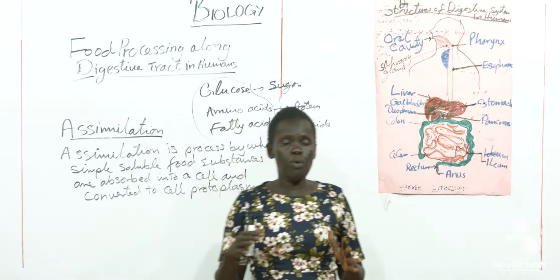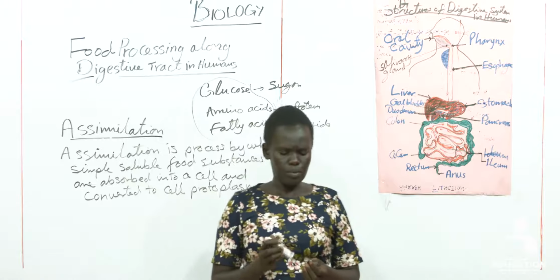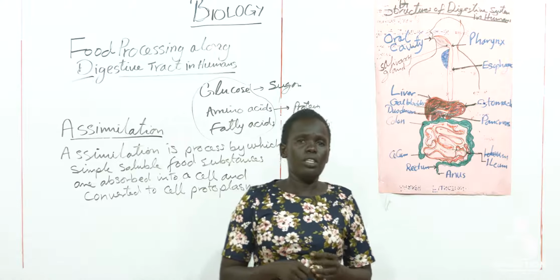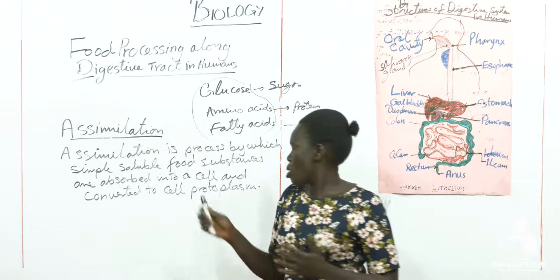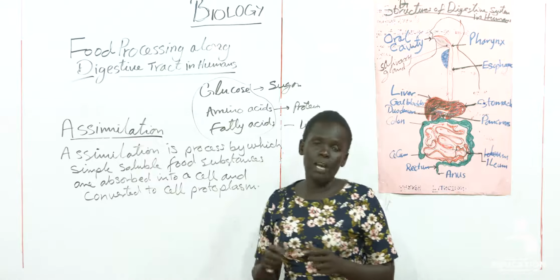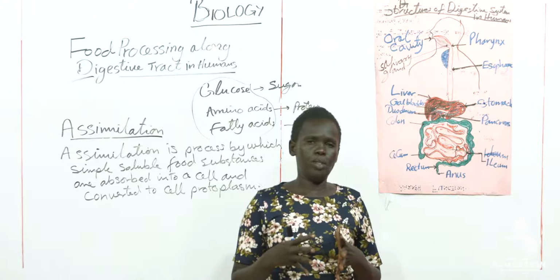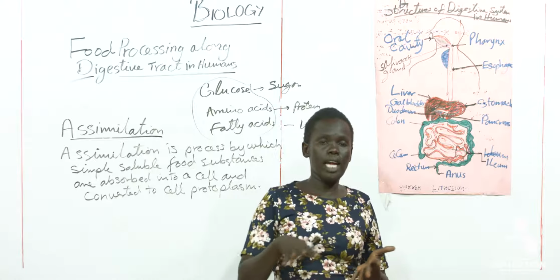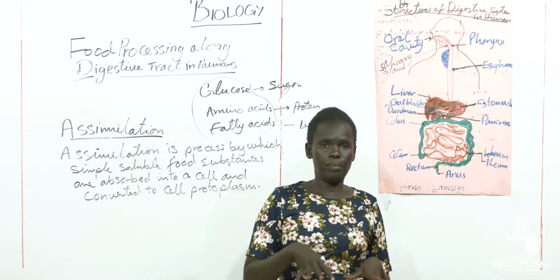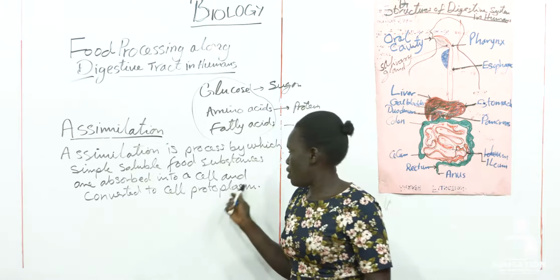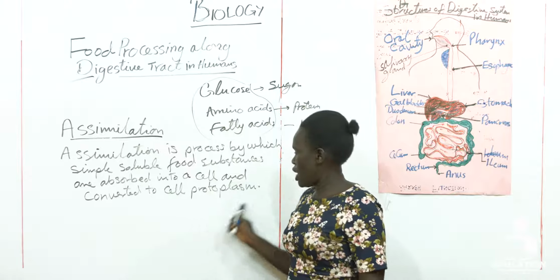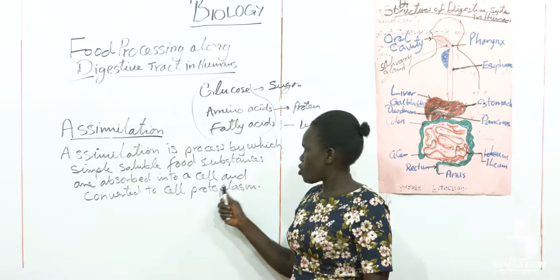When we look at the structures of the cell, they are mainly divided into cytoplasm and protoplasm. The cytoplasm is that fluid where we find all the organelles swimming. Then the group of the organelles is known as cell protoplasm.